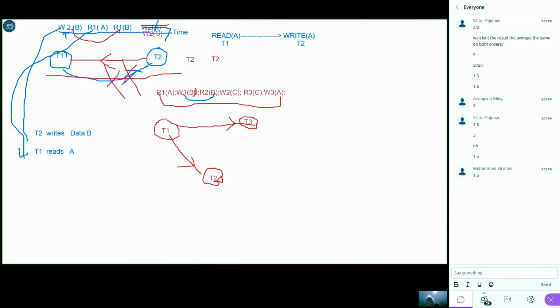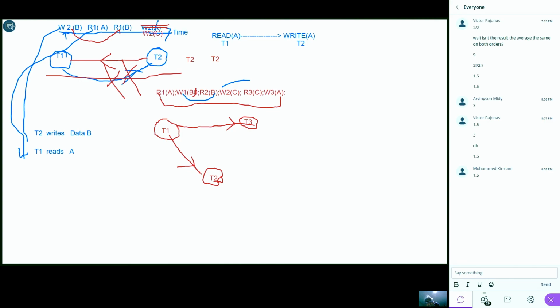Okay, let's keep on. This is 1 doing something with B, this is doing with B, this is doing with C, C doesn't work. Let's start with R2B. Is this doing with B? No. This doing with B? No. This doing with B? No. Now let's start with W2C.